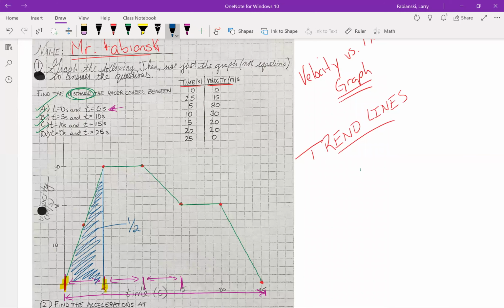So it is 1/2 the base times the height. 1/2 is a constant. The base here would be 5, and the height is 30. All right. So now we are multiplying 1/2 times 5 gives us 2.5. And then we would multiply 2.5 times 30. You guys can operate this however you would like.